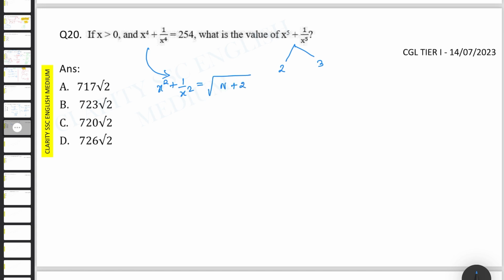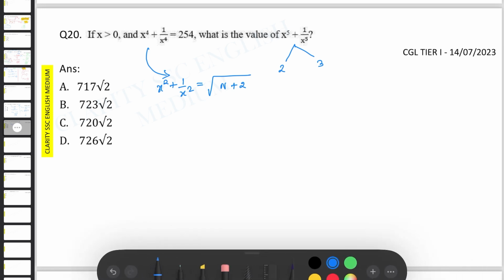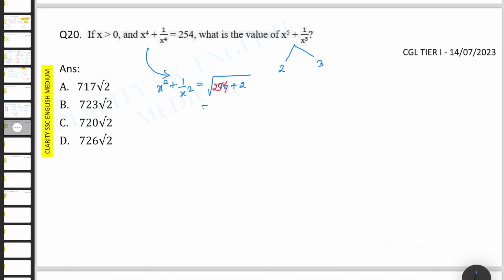What is n here? N is 254. 254 plus 2 is nothing but 256, which is 16. X square plus 1 by x square is 16.